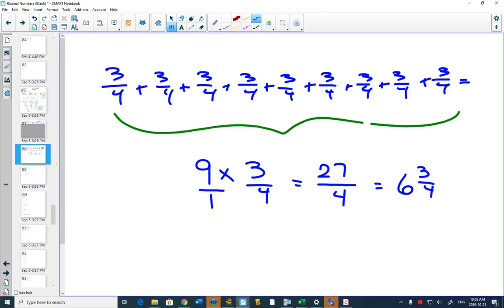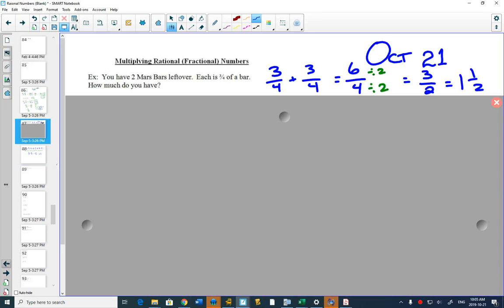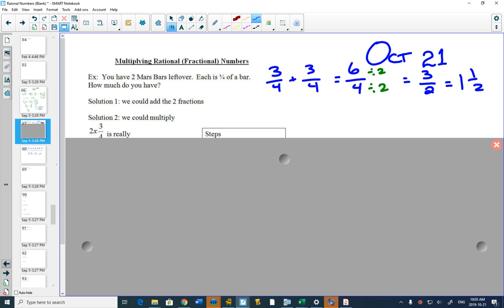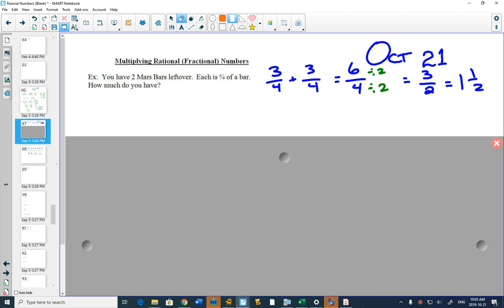So going back to our first question, instead of adding, we could have multiplied 2 times 3/4.